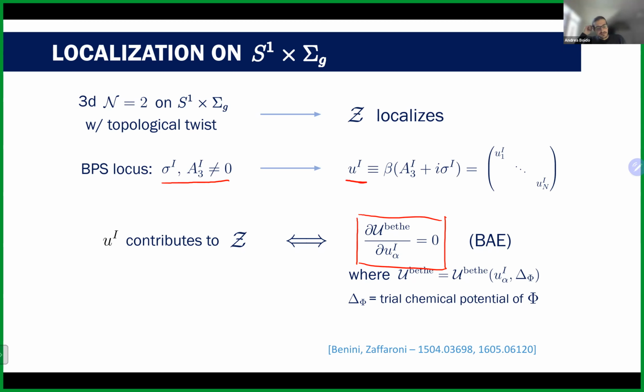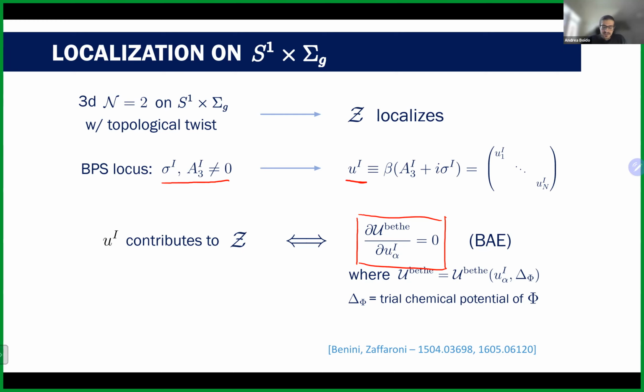Again, it's not super important, the form of this equation. They're particularly complicated. This capital U beta is what is called the Bethe potential. The important thing is that it depends of course on this UI, but also on something that I'm calling delta phi, which are some trial chemical potential for the field phi. So the phi here is a general field of the theory.